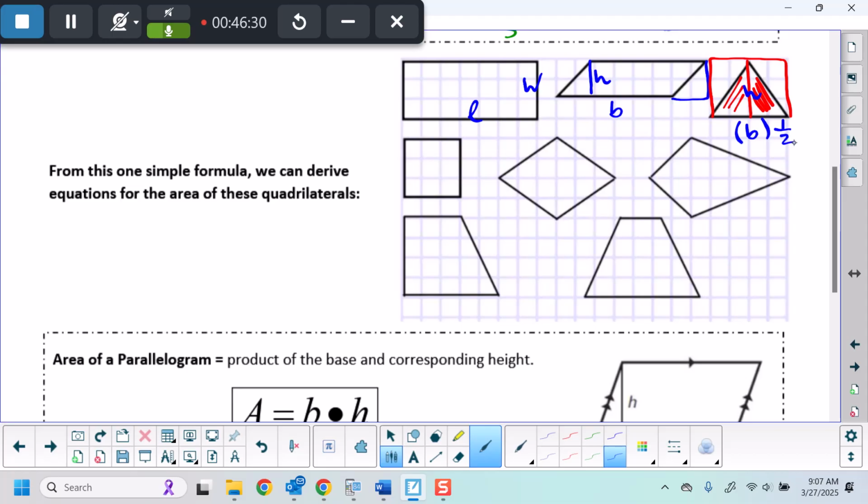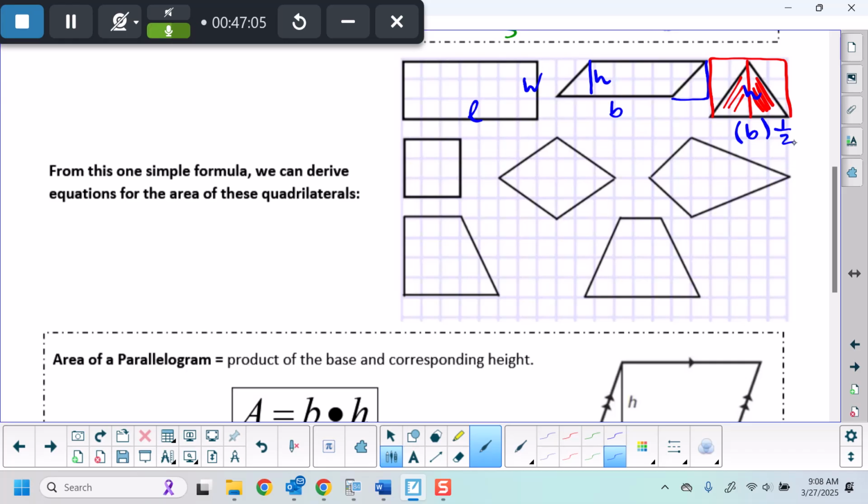If I build a rectangle around a triangle, it doesn't matter what the triangle looks like, it's 1/2 of that base times that height. You can play with your graph paper and draw any triangle that you want, draw the rectangle around it, and its area is going to be 1/2 of that rectangle. Whether you draw a right triangle, a scalene triangle, an isosceles triangle, whatever triangle you draw, the rectangle around it is going to be double the area of that triangle.